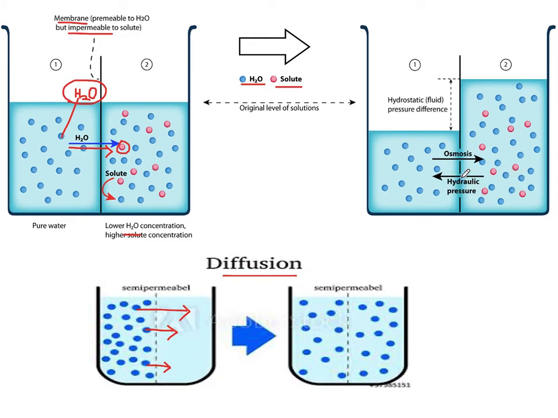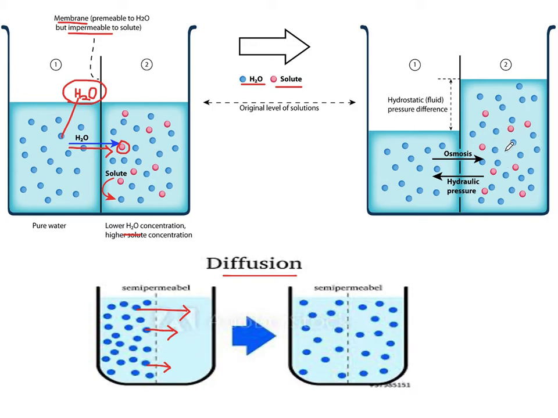Now see, in any case, in the second picture you can see the solute particles are still stuck in the second part of the beaker. They are not in the first part. So how is equilibrium reached? Equilibrium is reached on the basis of how many water molecules are in the first part and how many water molecules are in the second part, right?